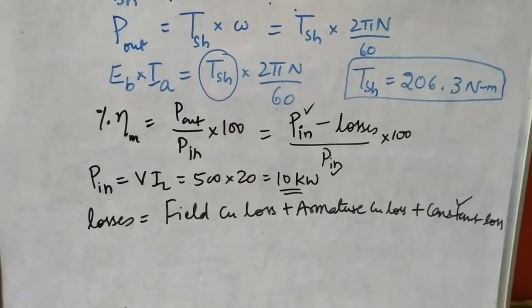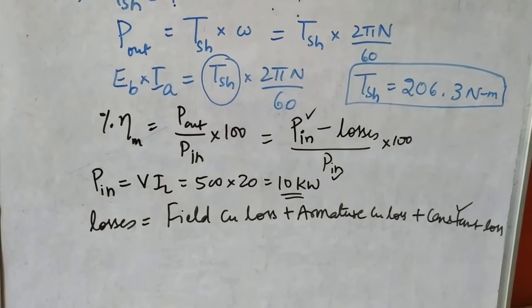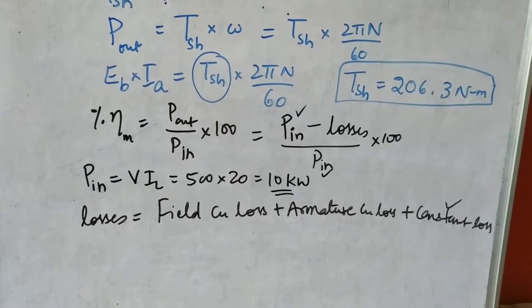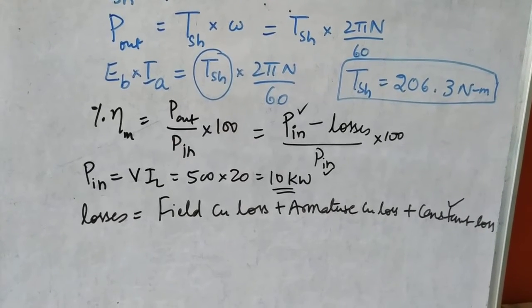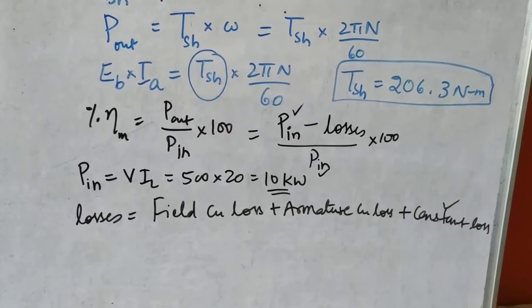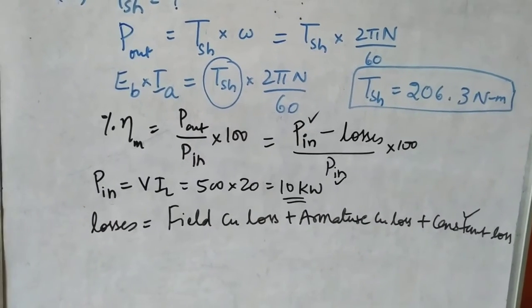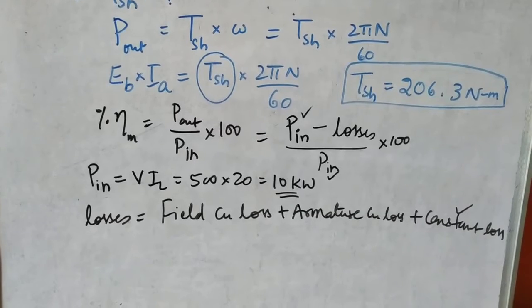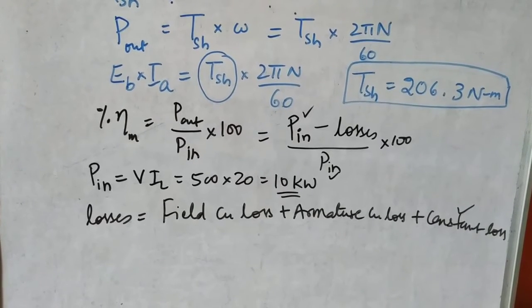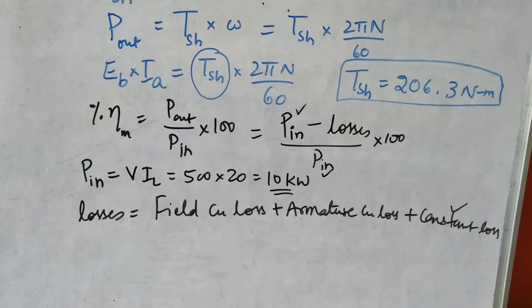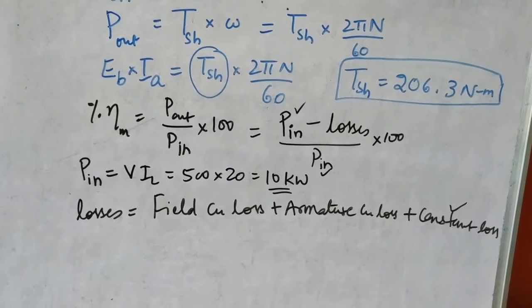Field copper loss, we can write it as V into I SH. What is V? V is 500, right? And I SH is 2. Or else we can write it in a different way: the field copper loss as I shunt square into R shunt.